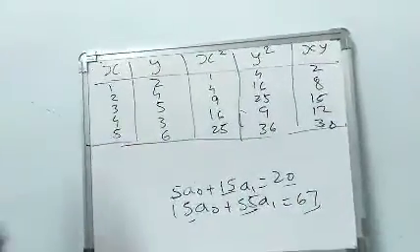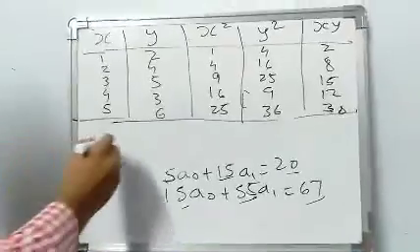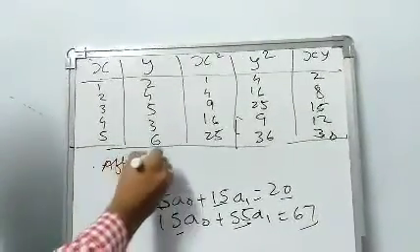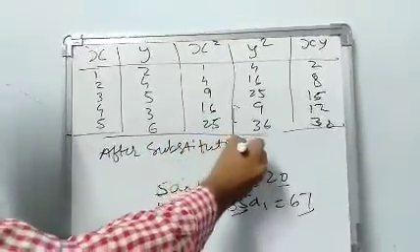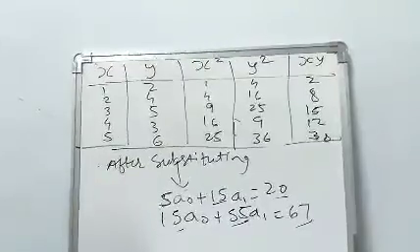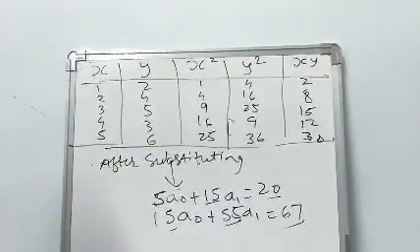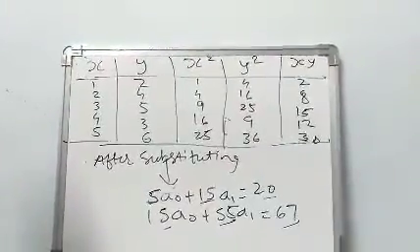Now after substituting the above summations, you get these equations: 5a0 plus 15a1 is equal to 20, and 15a0 plus 55a1 is equal to 67.